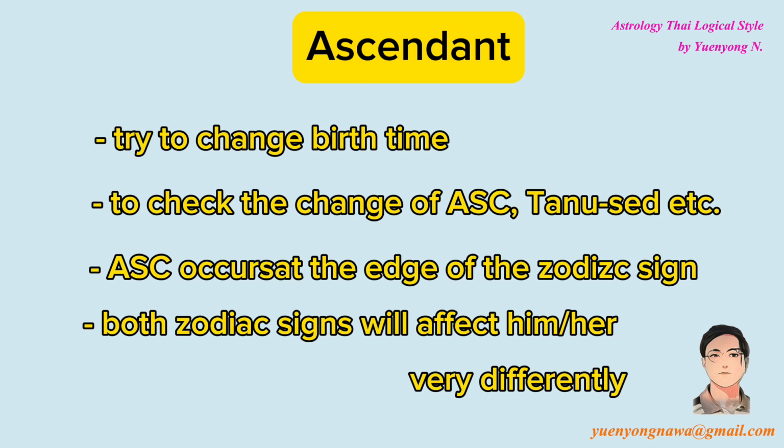Which ascendant and Tanu said is correct, we use them. Changing ascendant must be applied by changing time only, not by only changing an ascendant placement. Applying a time of birth, we use real time, local time according to that place of birth's local time. Even if it is in a foreign country or birth by a surgery operation, we use that place's local time.